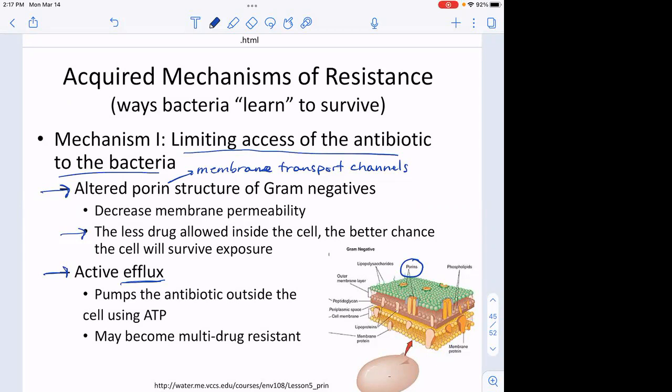The toxin will come into the cell, but then they pump it right back out again. This would be an active transport using ATP. We think that this is the way that some cells can become resistant to lots of different drugs. So both of those ways are limiting access of the antibiotic to the bacterial cell.